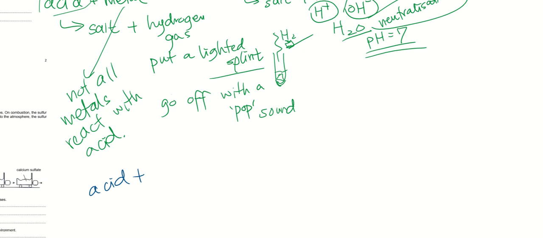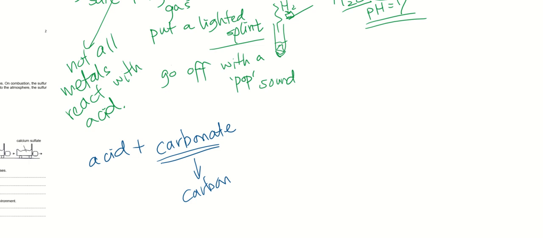So next one is acid plus carbonate. You need to memorize. As you can see, carbonate, that means it has carbon. It will also have oxygen. I know it's not very fair for you all now because you never really learned this, but you have to sort of memorize.